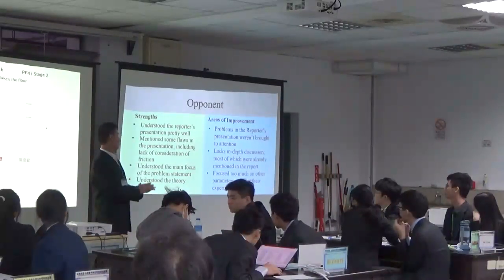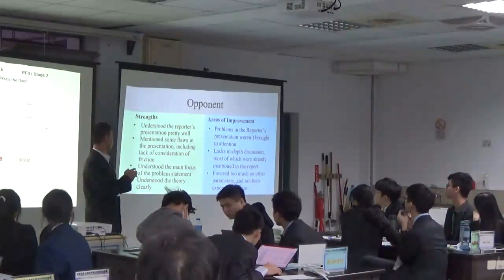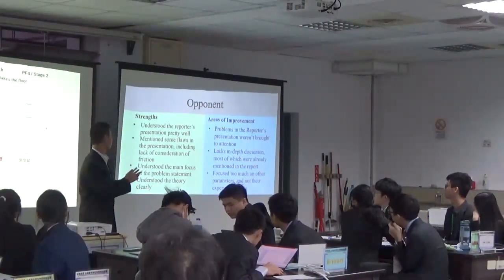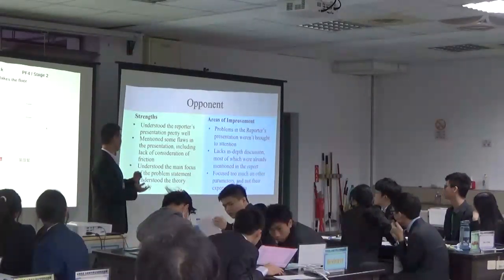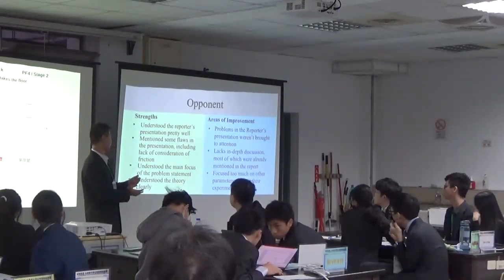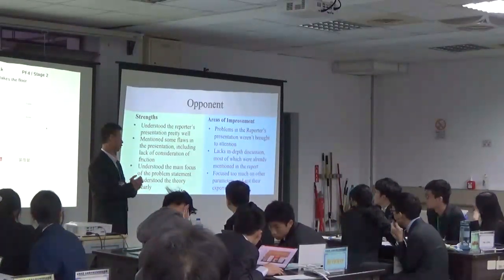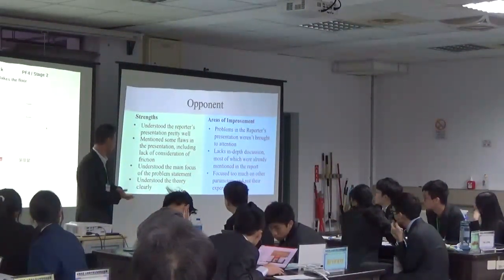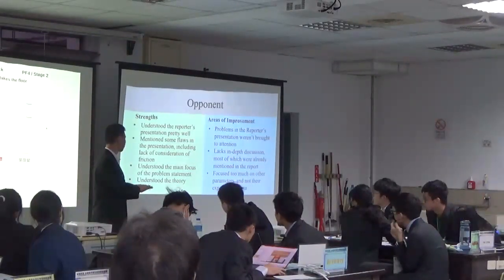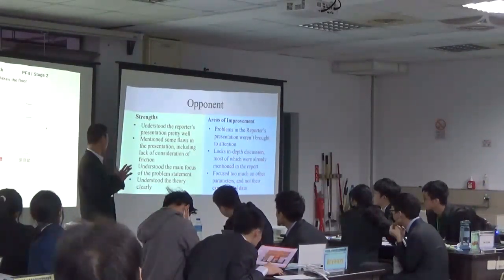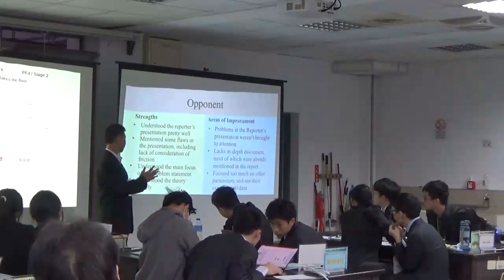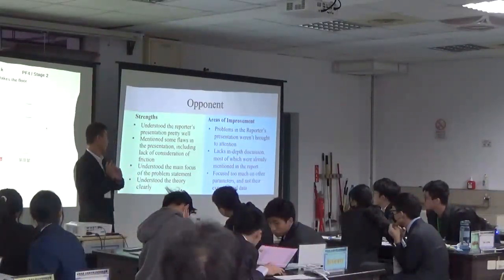And next, as for the opponent, I think he has understood the reporter's presentation pretty well, and she also mentioned some flaws in her presentation, including the lack of consideration of the friction between the ruler and the table. And the opponent also understood the main focus of the problem statement. He also understood the theory of the reporter very clearly.